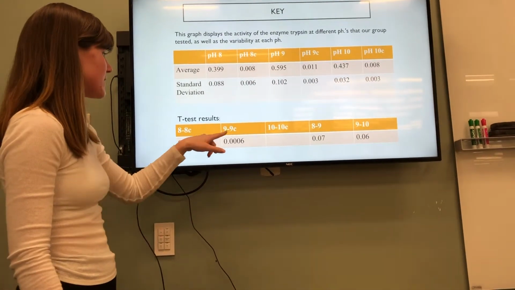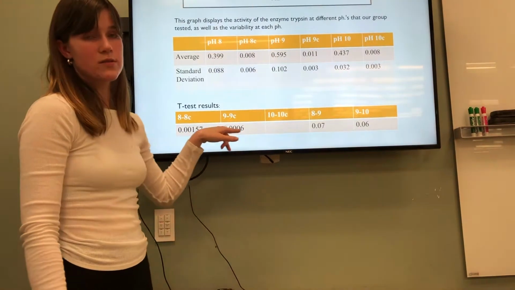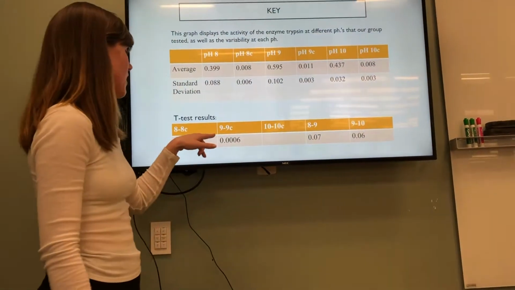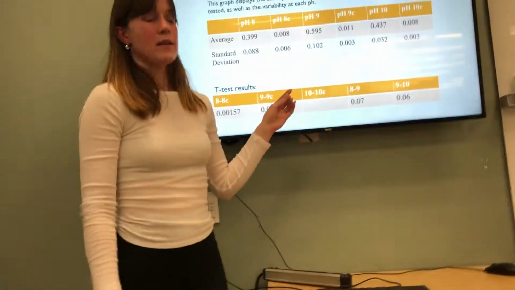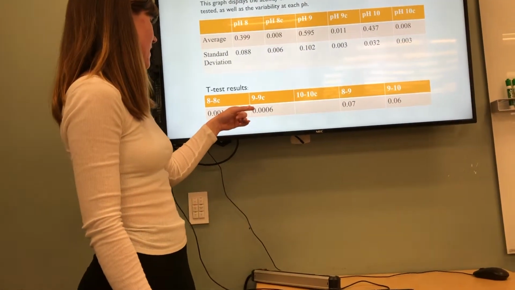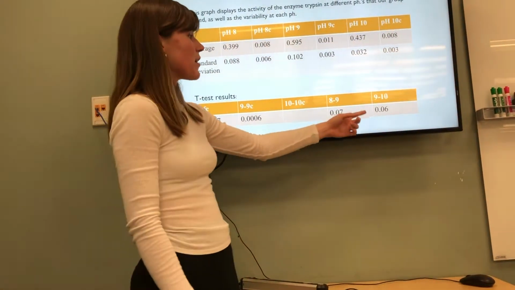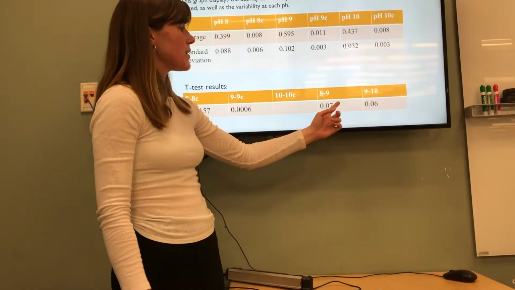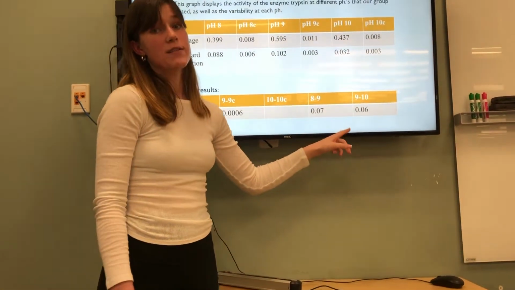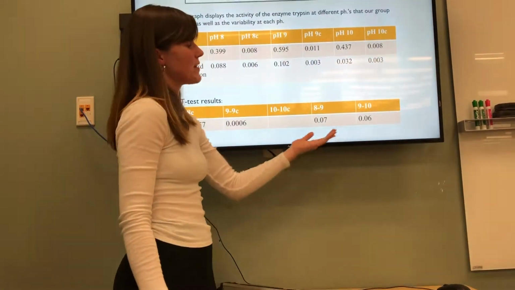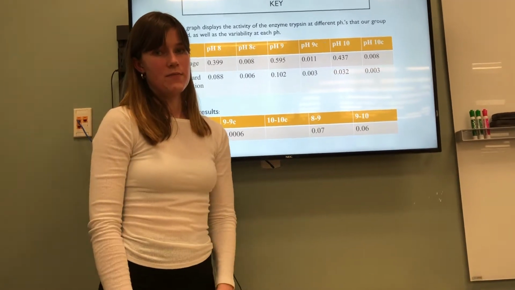The tests between the controls show that our data is significant because they are less than 0.05. And as for our t-tests that we conducted between pHs, they were both greater than 0.05, which would mean that our data is statistically insignificant.